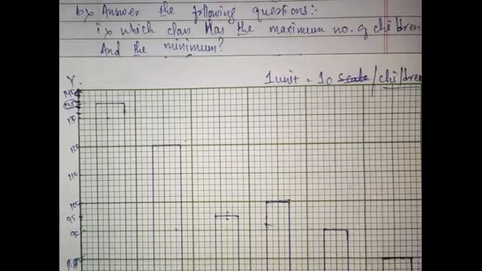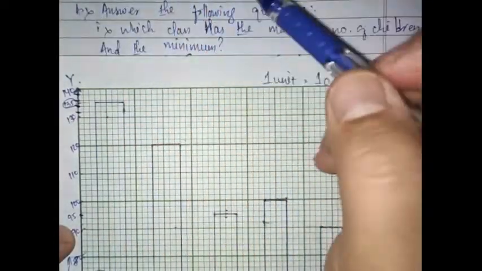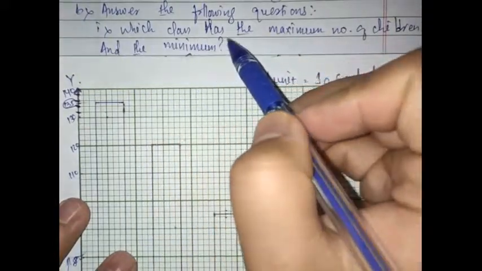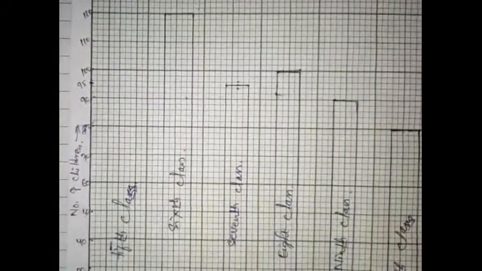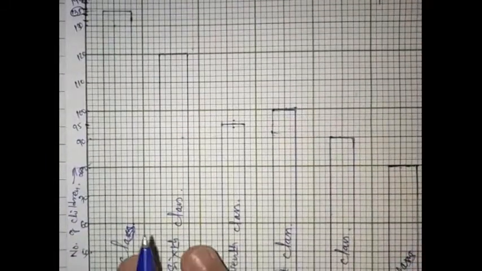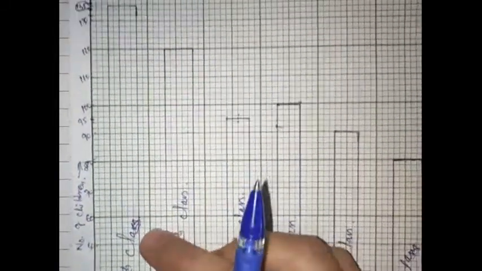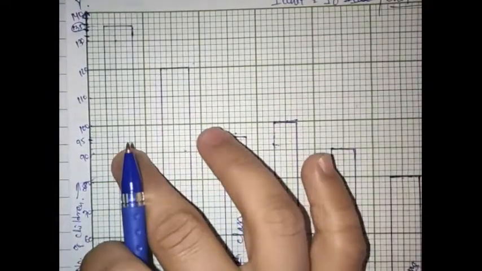Here we have sub question B from question number 3. Answer the following questions. Number 1 is which class has the maximum number of children and the minimum. So looking at the bar graph, which bar is the tallest one? So it is the 5th class, that is 135, having the highest bar, right?